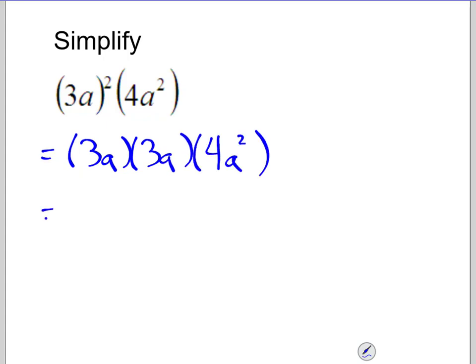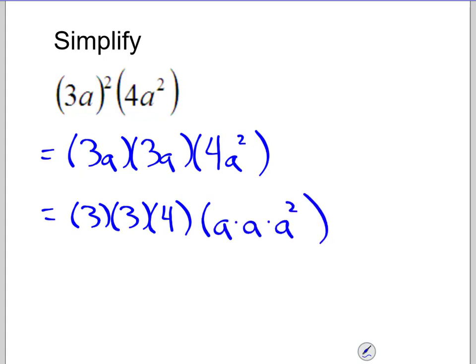Now when we're working with the numbers, sometimes we'll use exponents, sometimes we'll actually just generate the values. I'm okay if we rearrange this to something like that, and then we would have a times a squared. And don't forget, these a's here where there's no exponent, there's really a 1 written there. So now we have 3 times 3 is 9, times 4 is 36.